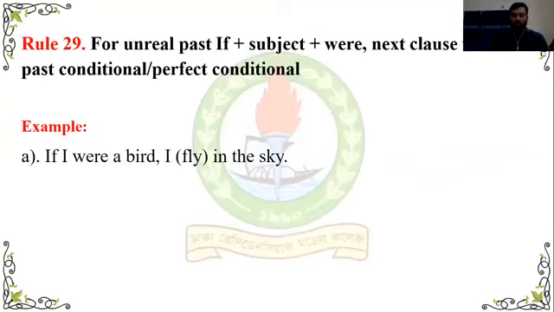Unreal means that is not real, that is not possible, and that was not possible in the past also. For example, if I were a bird, I would fly in the sky. So here you may use past conditional or perfect conditional, both are right, because of unreal past.